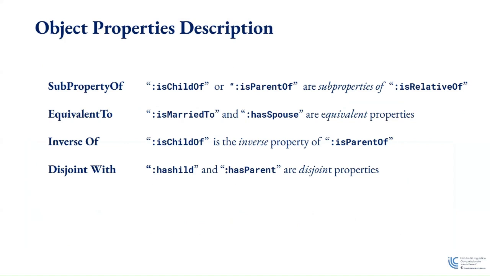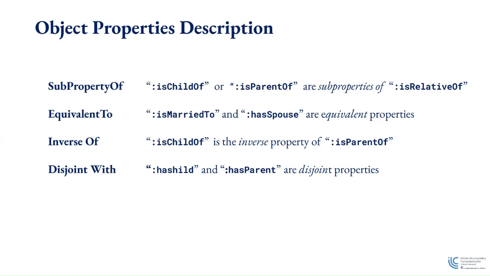So we arrange hierarchically also the object properties. We can state, for example, that is married to and has spouse are equivalent properties. We can say that is child of is the inverse property of is parent of.